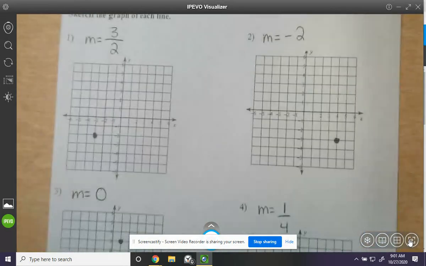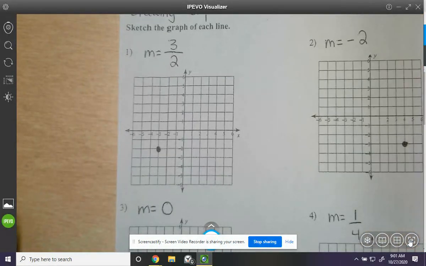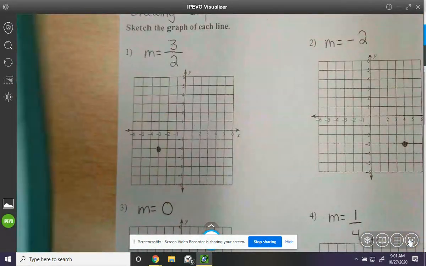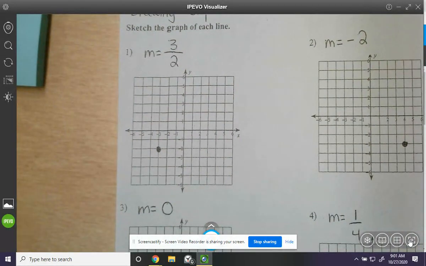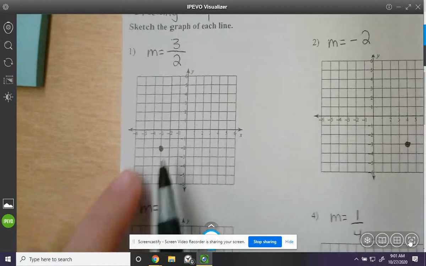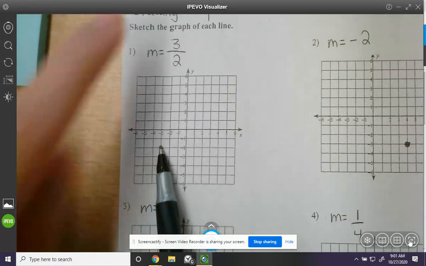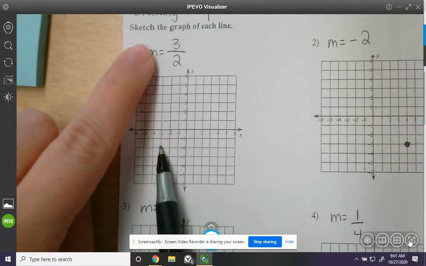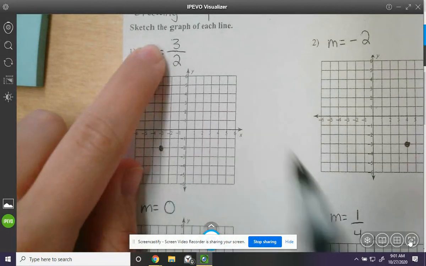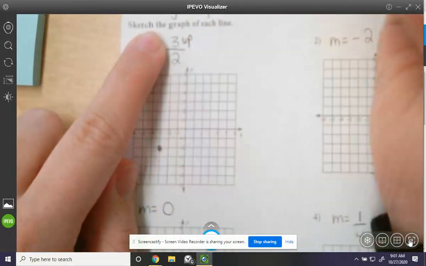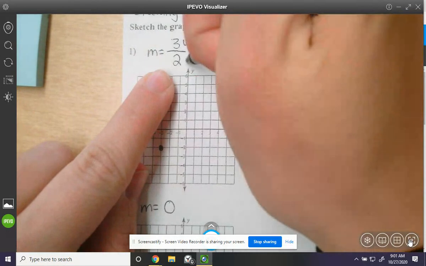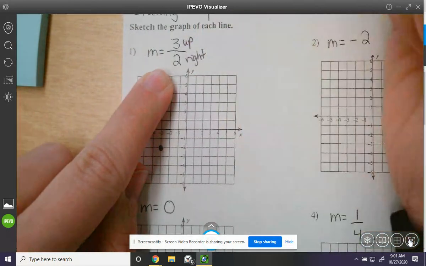We got one right here. It is helpful to have a straight edge, so I'm just using my little packet of Post-it notes here. It's going to be my straight edge. If you have a ruler or any other piece of paper, that would work too. So I find my starting point, which is right here. Then I look at my slope. Is that a positive or a negative? It's a positive. So because it's positive, I'm going to go up 3 and to the right 2.